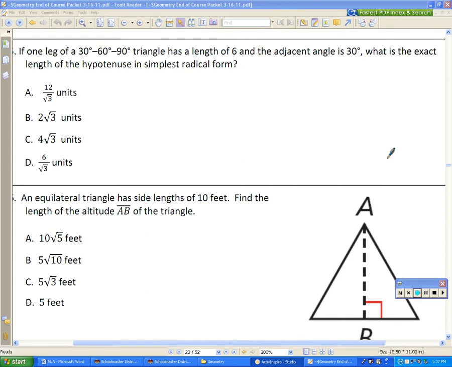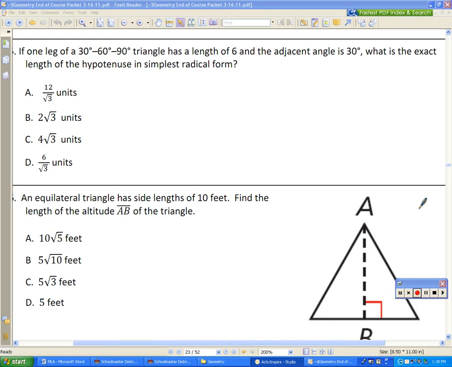The one vertical or the horizontal one? Horizontal, because it says the adjacent angle, or the angle right next to it, is 30. What is the exact length, so we're not rounding, no decimals, of the hypotenuse in simplest radical form?